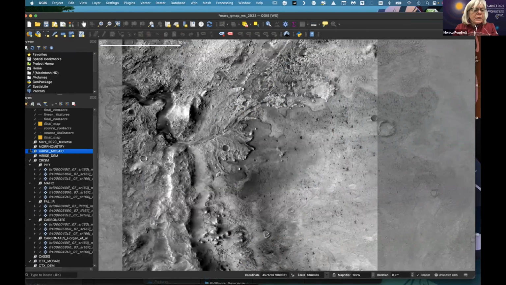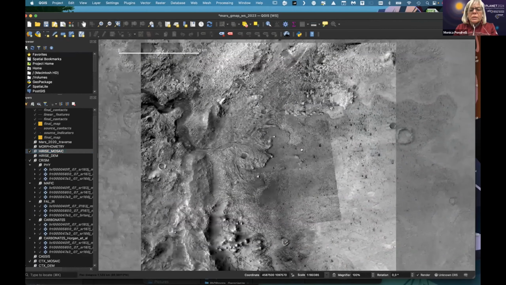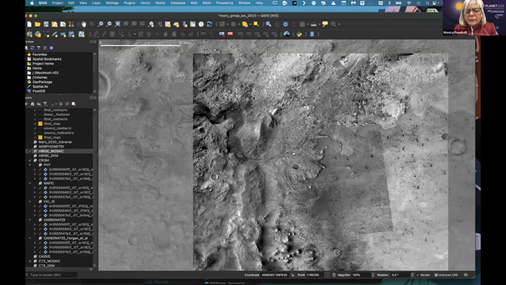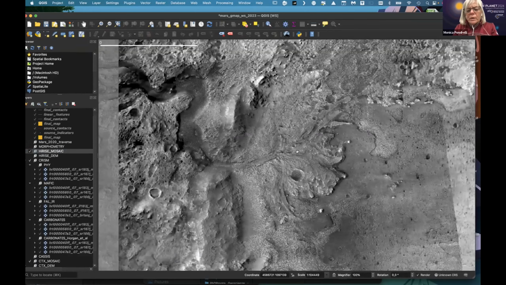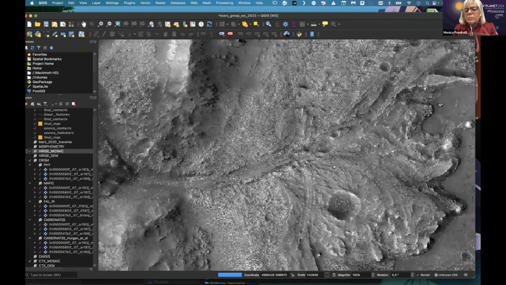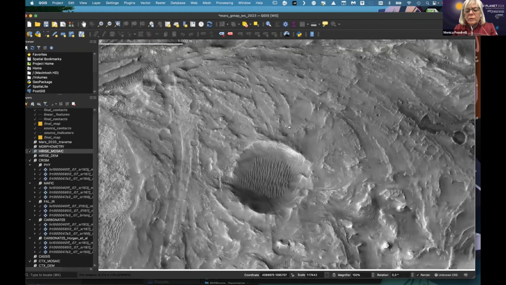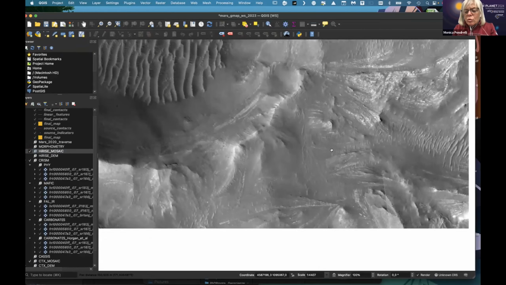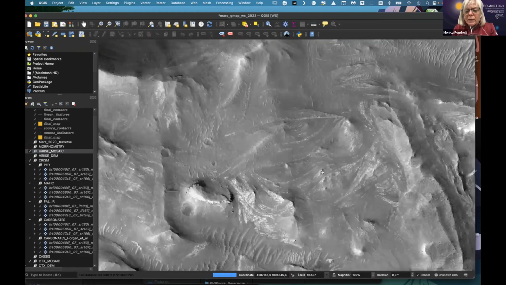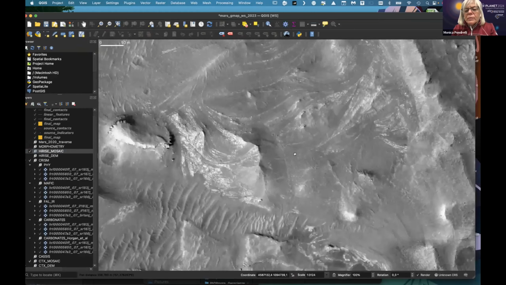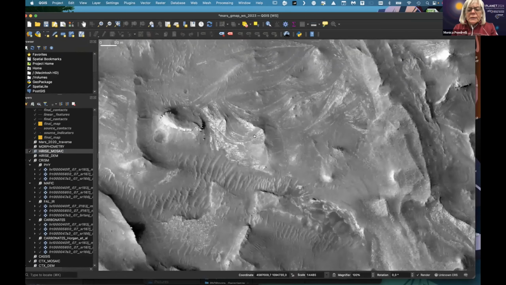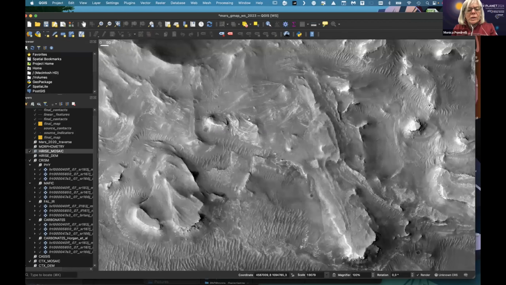And then we have the HiRISE mosaic, which is focused around the deltaic feature, with the associated DEM, and maybe you should play a little bit with it and see how much you can go into detail. This is, for example, a beautiful example of what probably are meandering channels cutting each other, point bars actually cutting each other.